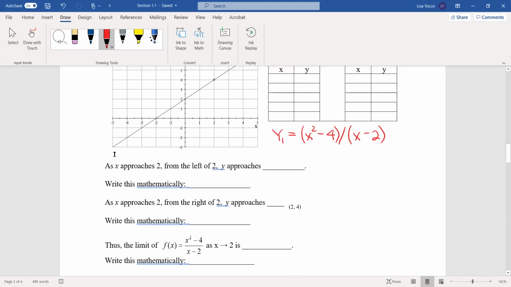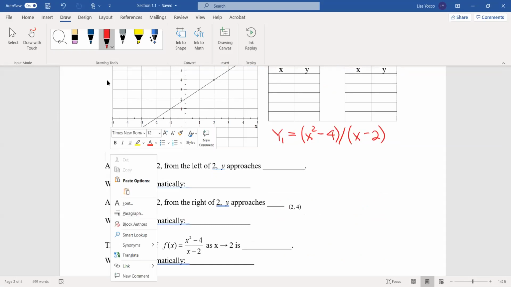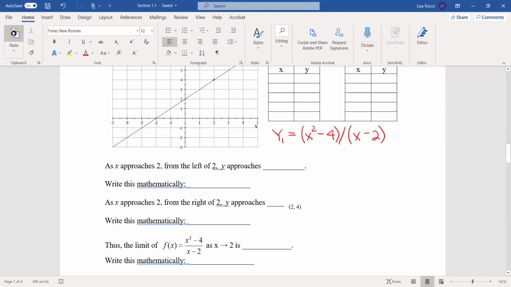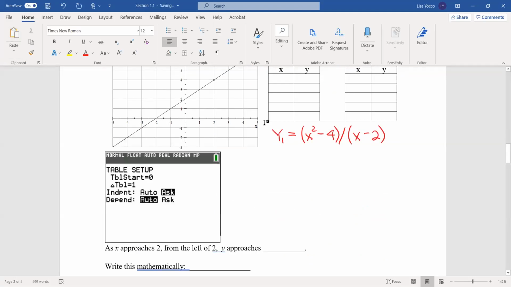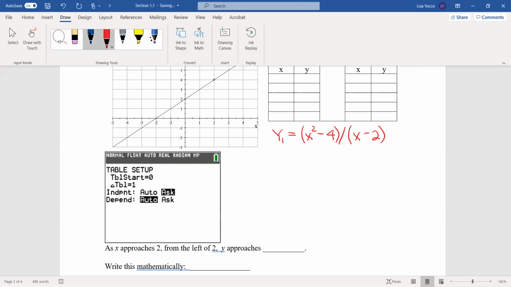So let's see if I can pop this in. Yeah, okay. So this is really important. Like I said, this is how I always set up my calculator, really for all of my classes, but in calculus it's really helpful. Excuse me, you didn't tell me that I didn't share my screen.